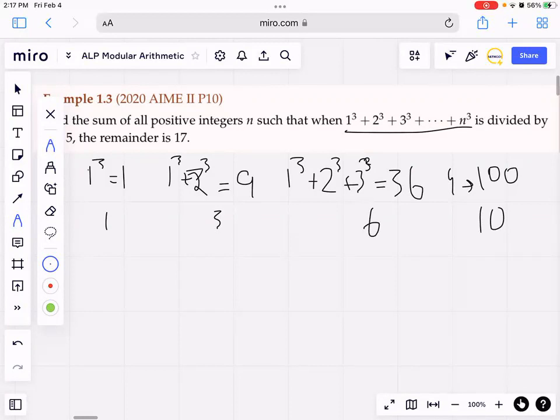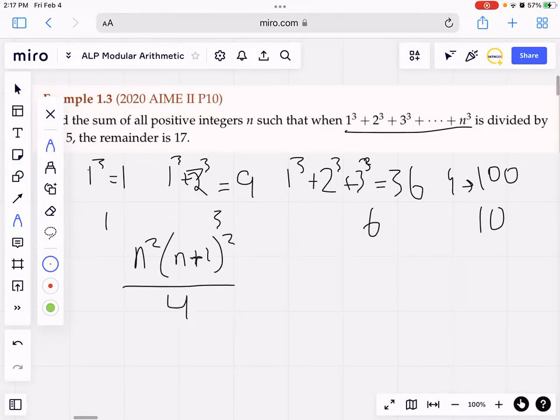Well, it's mainly a bunch of guess and check, just trying to find a pattern that works. And then you'll figure out that the sum of the first n cubes is n squared times n plus 1 squared, all over 4. This can be proved with induction, which we're not going to be covering in this video.